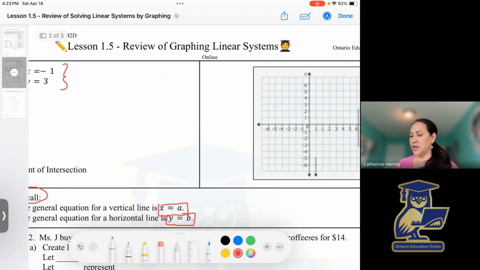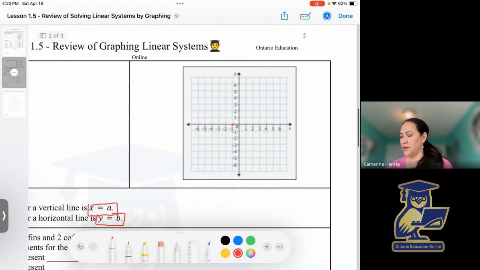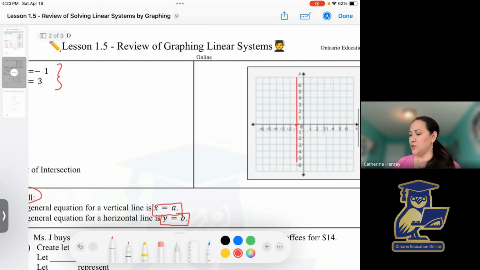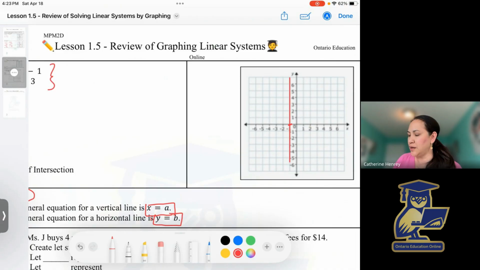So let's go ahead and graph them. x equals -1 will be a vertical line that passes through -1 on the x-axis. y equals b is going to be a horizontal line that passes through 3.